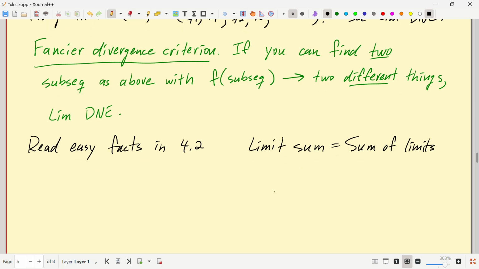And the proofs look exactly the same as when we did it for sequences. You should read them and study them and believe them, but I don't want to waste time in class doing them. I'll state them next time just to be careful.